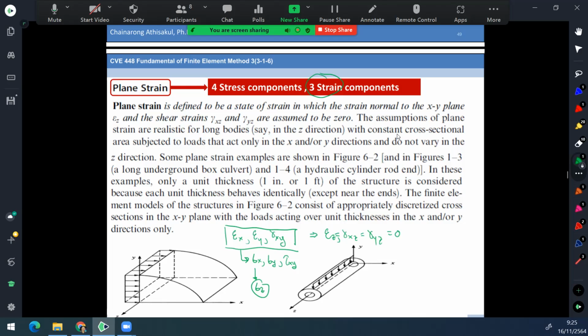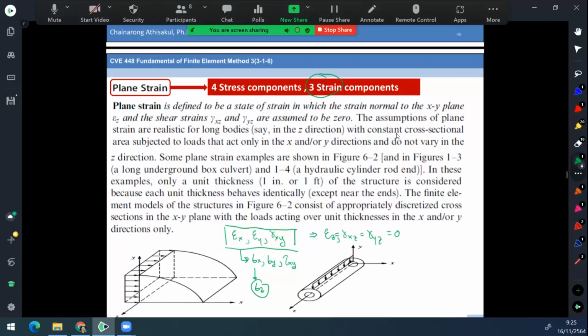It is a little bit different because it comes from the three-dimensional case and is simplified to two dimensions based on different assumptions. For plane stress, the assumption is three components of stress and four components of strain. For plane strain, it is three components of strain and four components of stress. This leads to different equations to define the type of element.